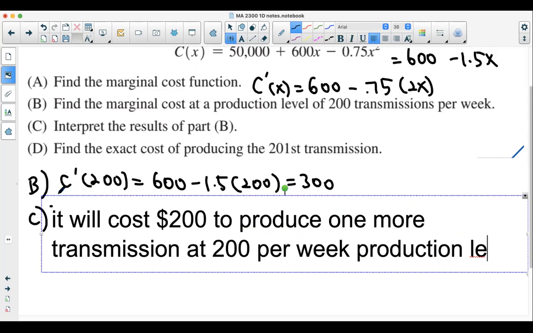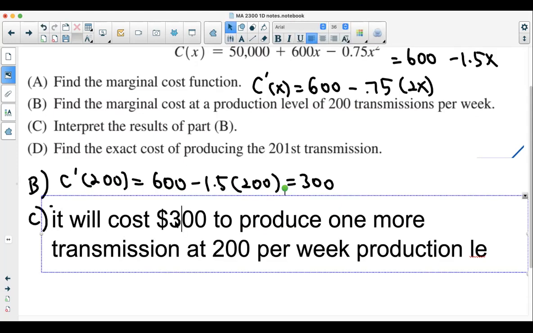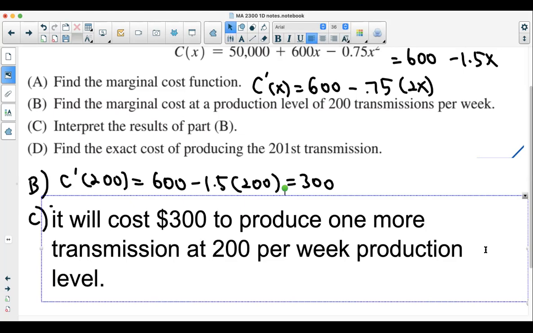Dollars, 300. Sorry, I misread it. Thank you. So it will cost $300 to produce one more transmission when you're already making 200 per week.